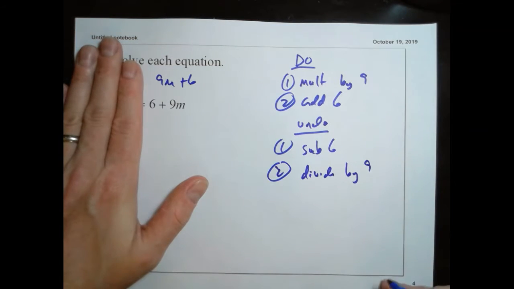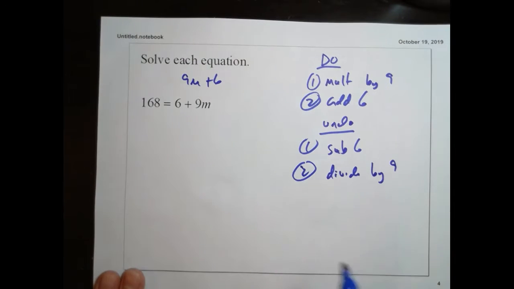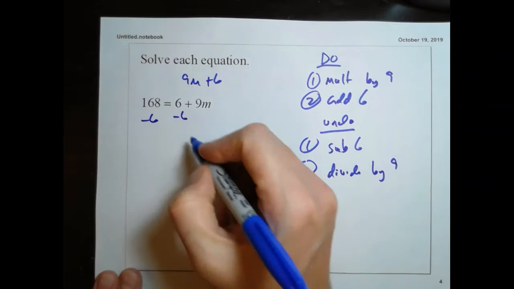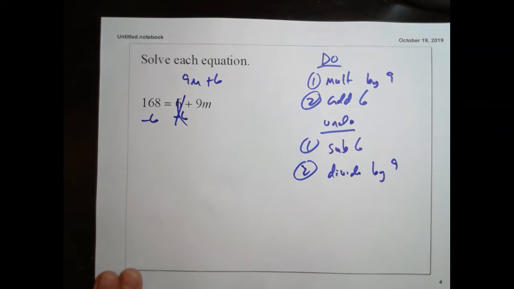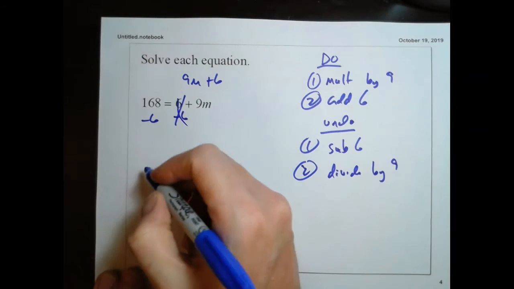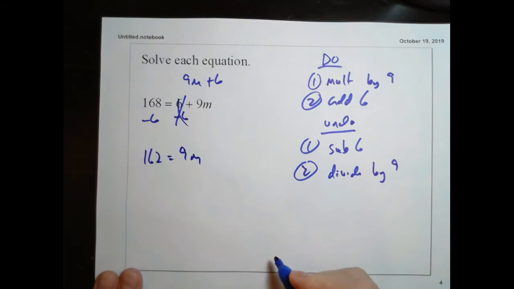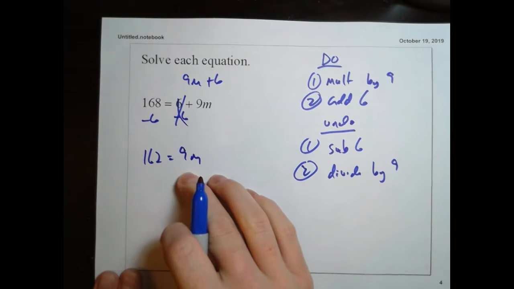Okay, and so we go to the problem now. We go, okay, what do we do first? Well, I'm adding that 6. So let's subtract 6 from both sides to cancel that addition of 6. 168 minus 6 is 162 equals 9m. And really, this is back to solving a one-step equation.